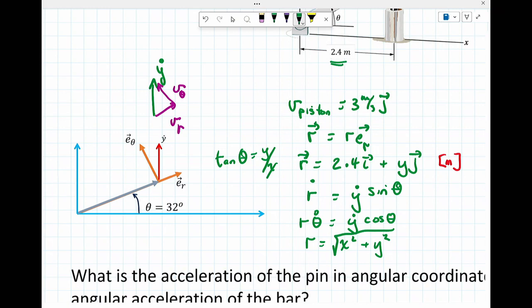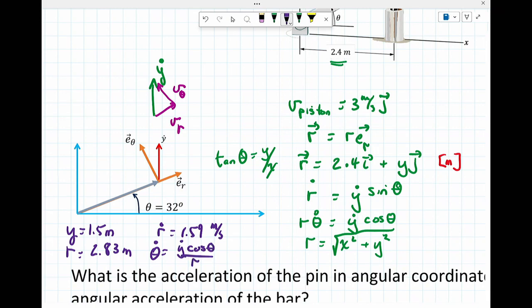and I will find, after relatively little manipulation, y is equal to 1.5 meters, r is equal to 2.83 meters, r dot is equal to 1.59 meters per second, and theta dot will equal y dot cos theta divided by r, which equals 0.9 rads per second.